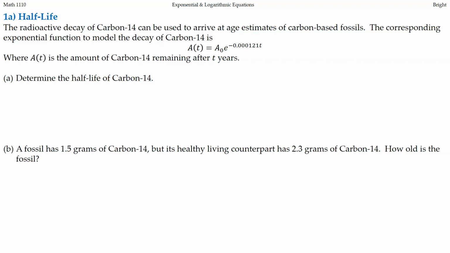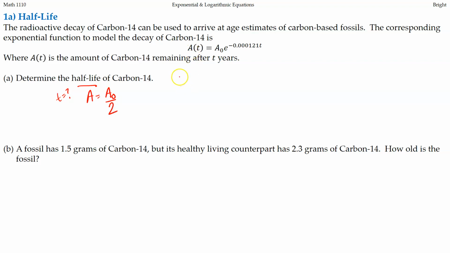Okay, and so it says here's our exponential function. We have to determine half-life. So when we find half-life, that means it's the time that we need for A to be 1/2 of what we started with, right?